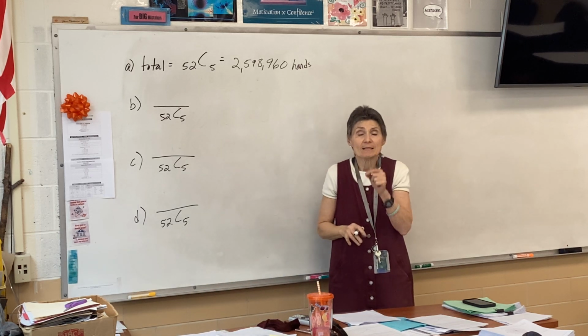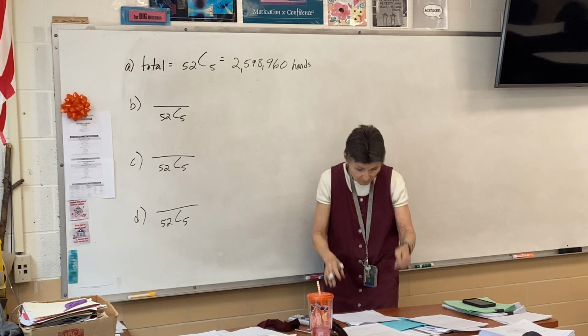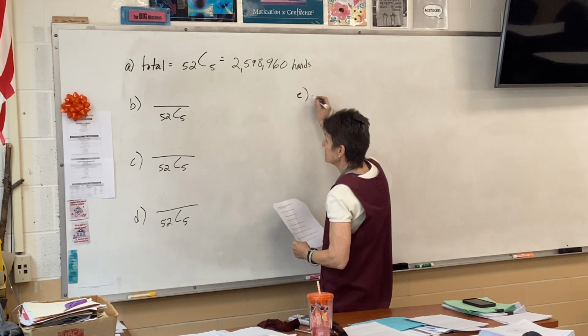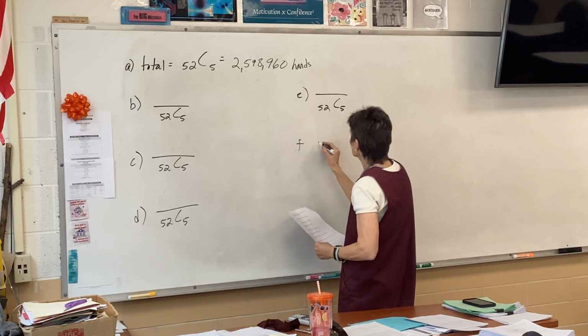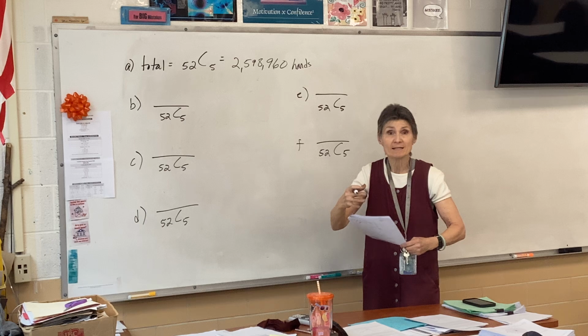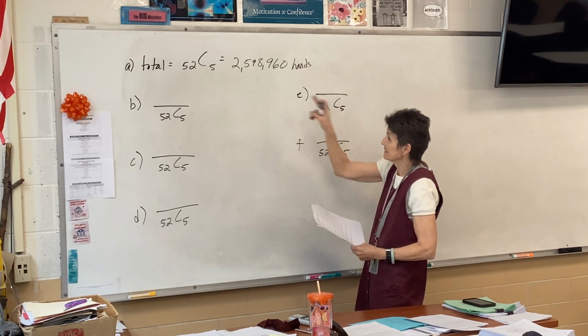But every denominator will be that number for every single problem on this page, because that's the total. And when we do probability, it's the chances out of the total. So the total is that.